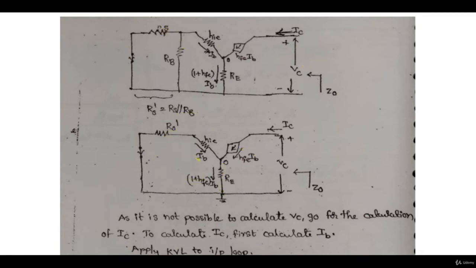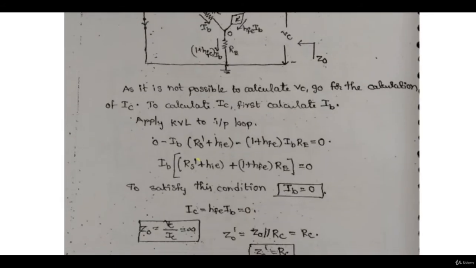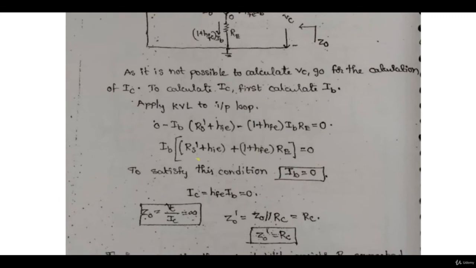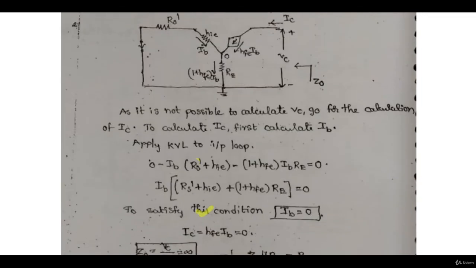So from here you can see, input KVL, IB is equal to 0, IC is equal to 0, Z0 will be VC divided by IC, which will be infinite, because anything that comes in series with infinite will give infinite only.